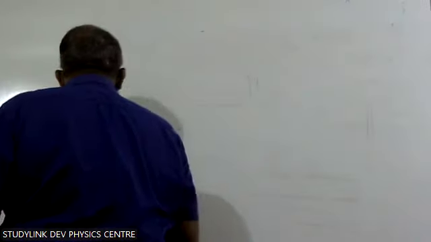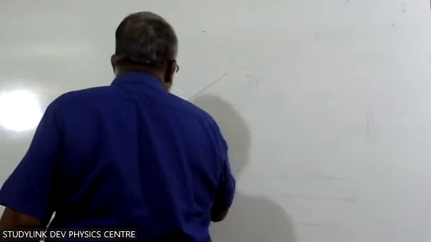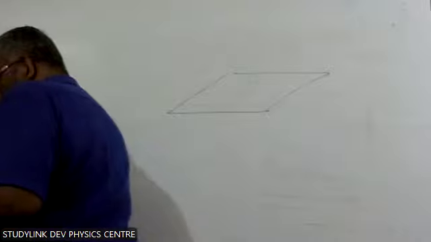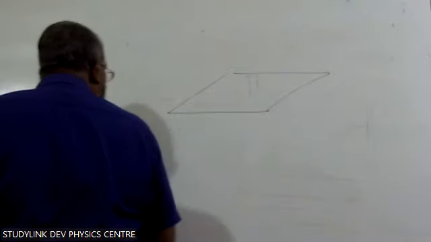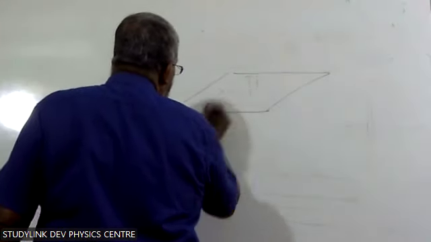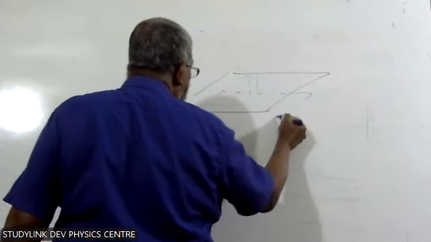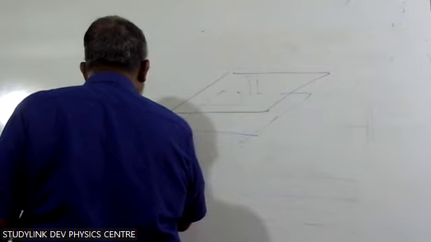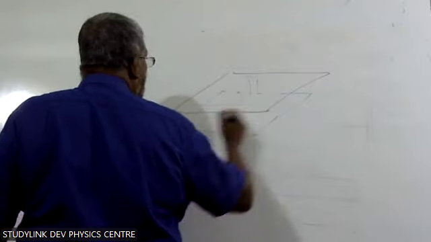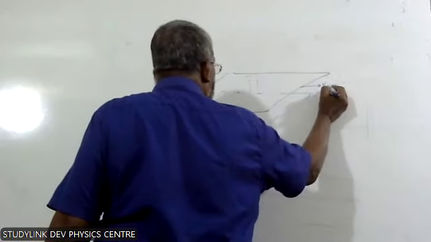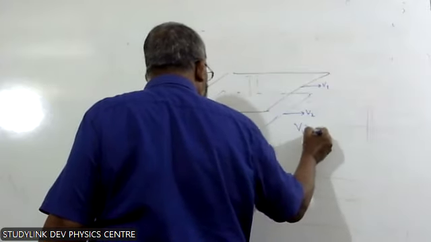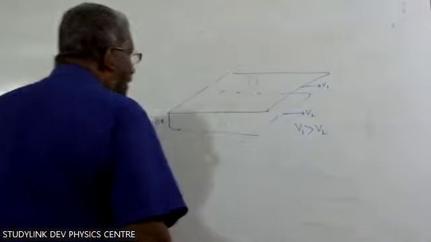There we drew two laminae, one there, and the other one I drew using blue color. The distance between them is delta x, and the velocity of the first one is v1, second one v2. That time I considered v1 greater than v2.